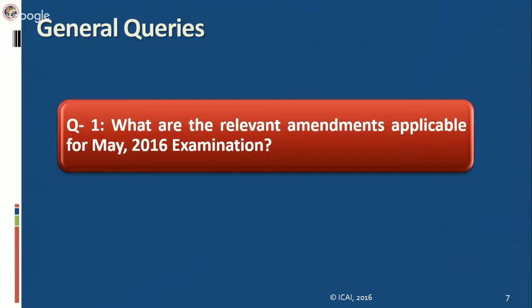Please refer to the revisionary test paper for May 2016 examination, where many updates have been given related to your subject, like the ceiling on number of company audits has been modified, where exemption has been given to dormant company, small company, one-person company, and private limited company with certain limits of capital. There you have the guidance note on reporting under section 143(3)(f) and (h) of the Companies Act 2013.